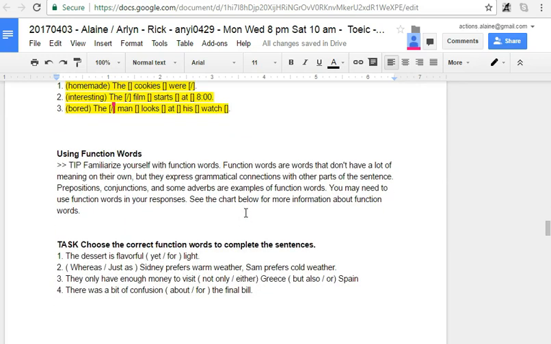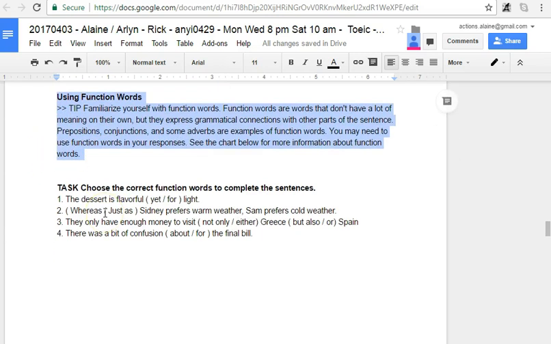Now let us proceed to the function words. Could you please read the function words for me? Keep familiarizing yourself with function words. Function words are words that don't have a lot of meaning on their own, but they express grammatical connections with other parts of a sentence.